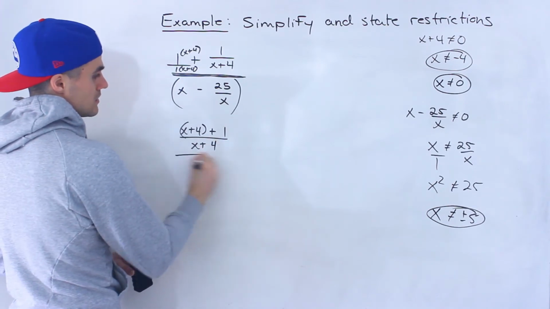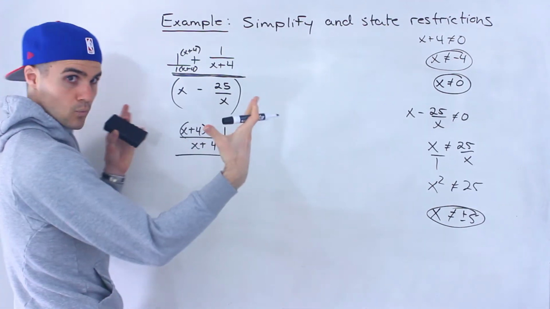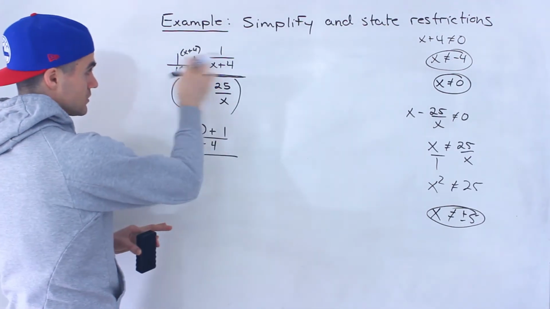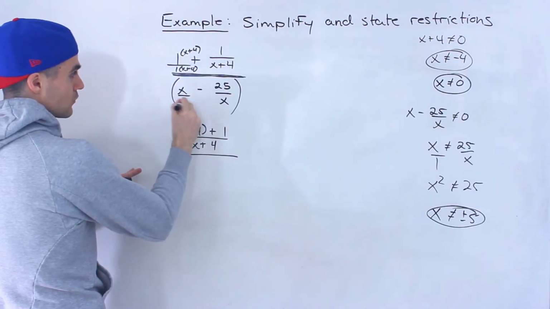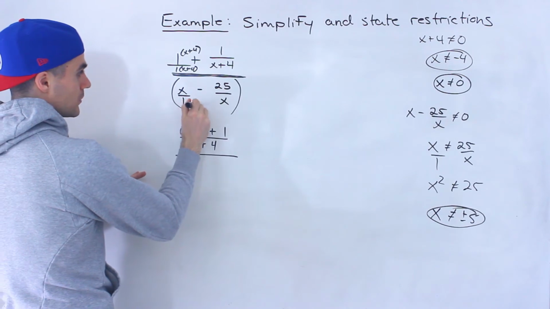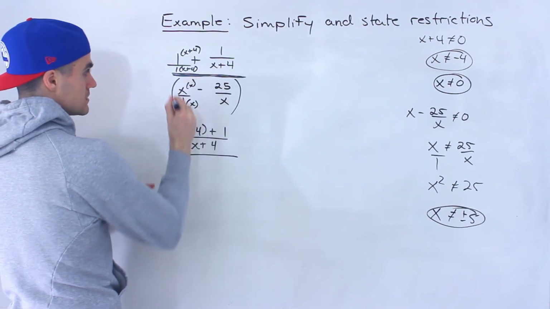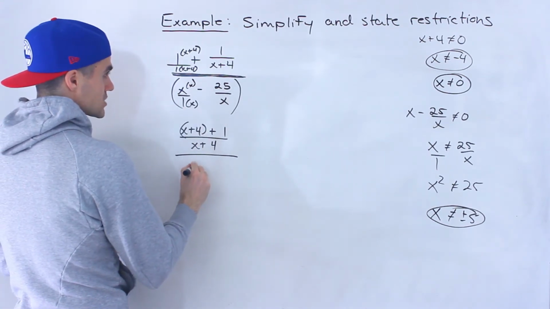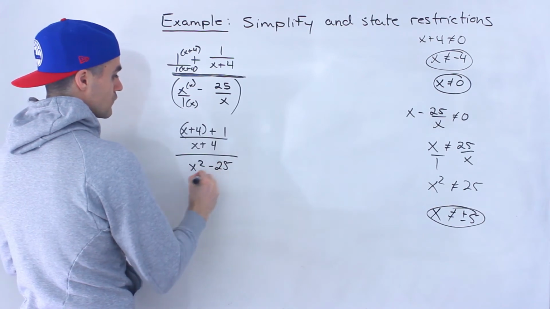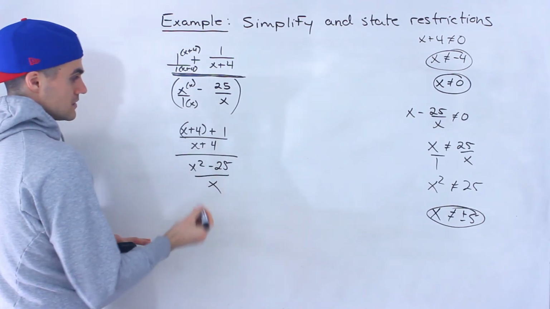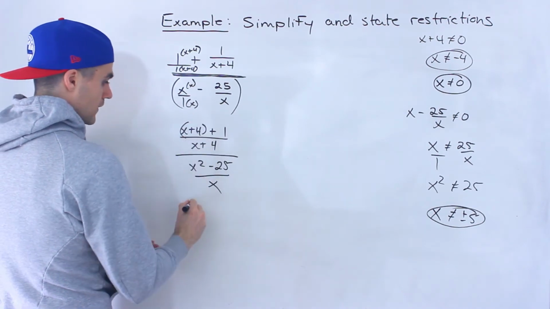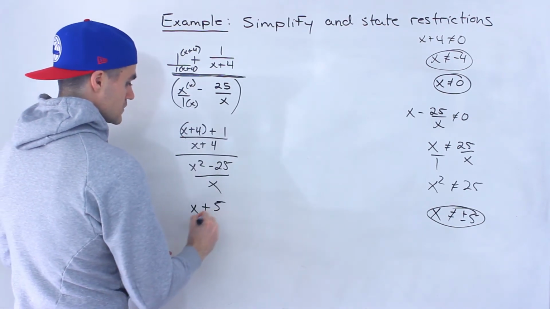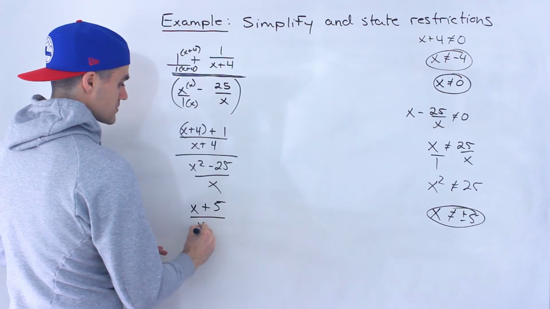So that would be the numerator as 1 fraction, took these two expressions, combined them into 1. And then this x is over 1, so to get a common denominator here, we can multiply this by x, the top by x. So we would end up with x squared minus 25 over x. So here, 4 plus 1, that would give us 5. So we'd have x plus 5 over x plus 4.